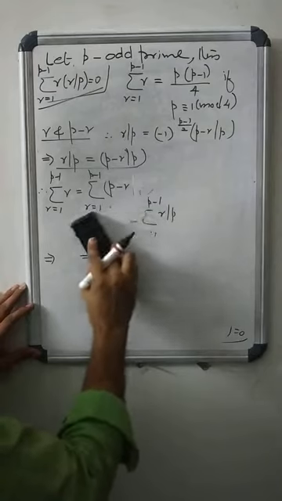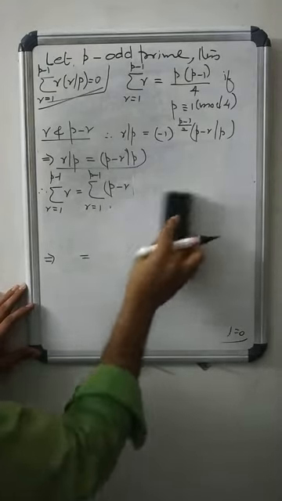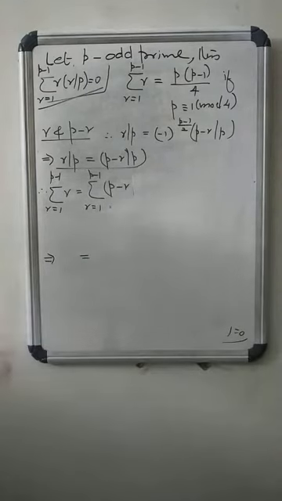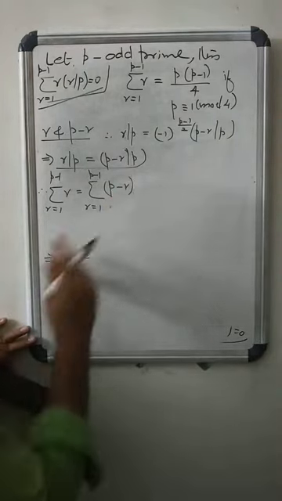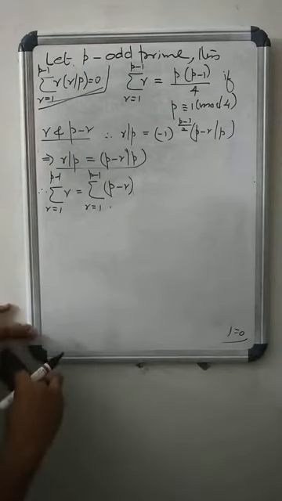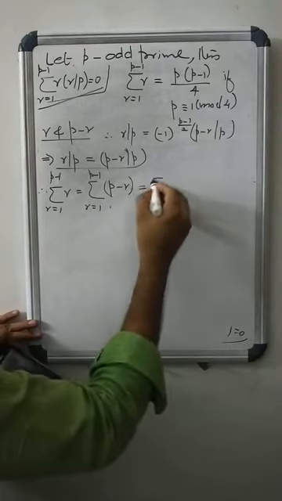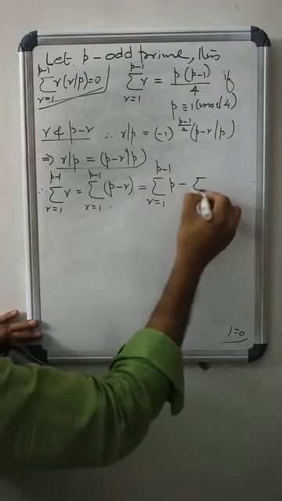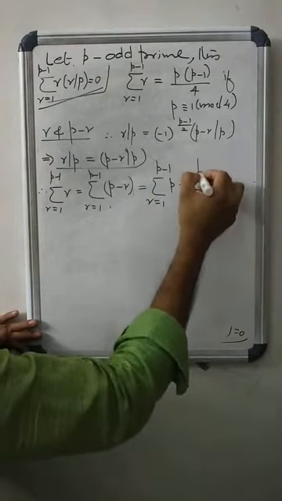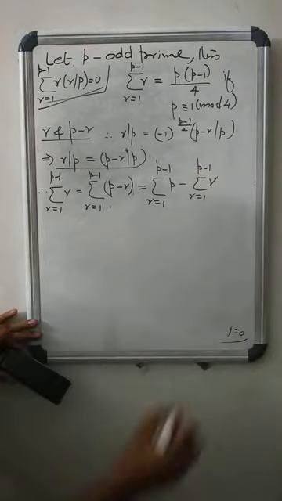Sigma r ranges from 1 to p minus 1 of r equals sigma r ranges from 1 to p minus 1 of r itself. That equals sigma r ranges from 1 to p minus 1 of p minus sigma r ranges from 1 to p minus 1 of r.